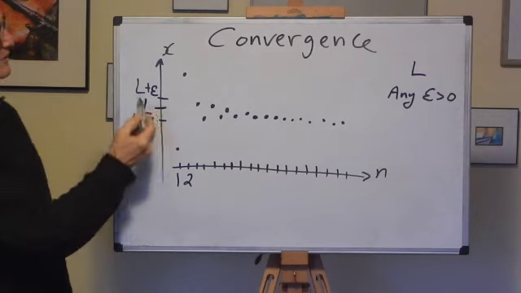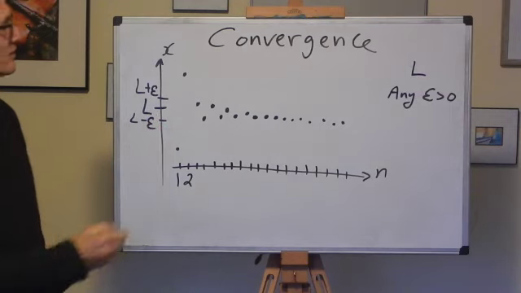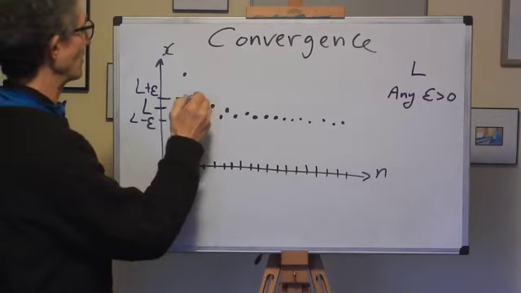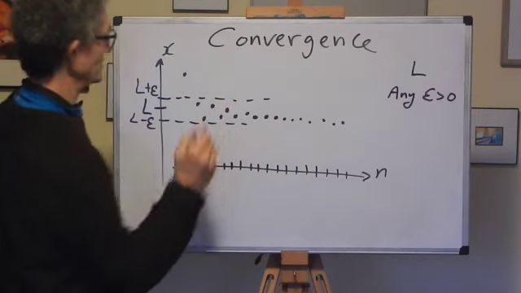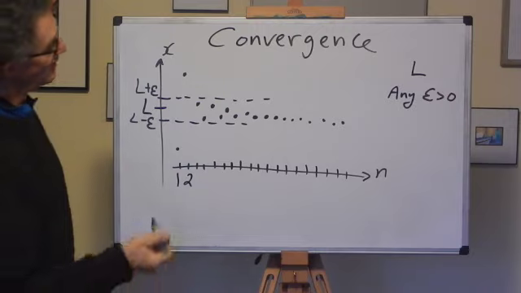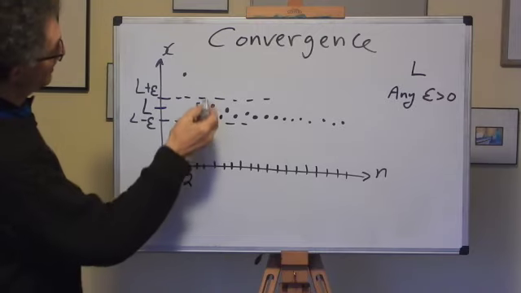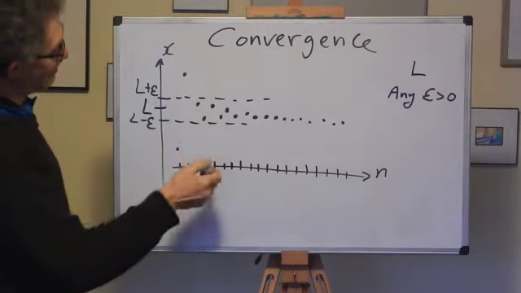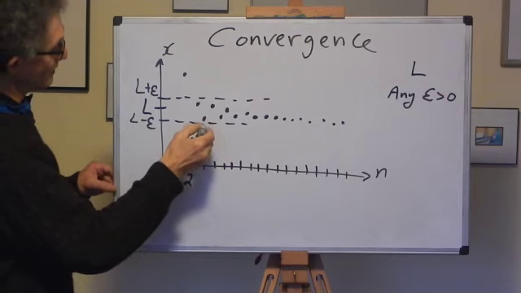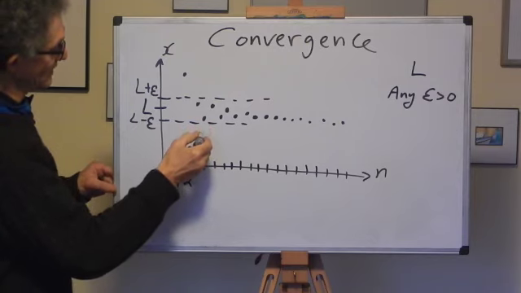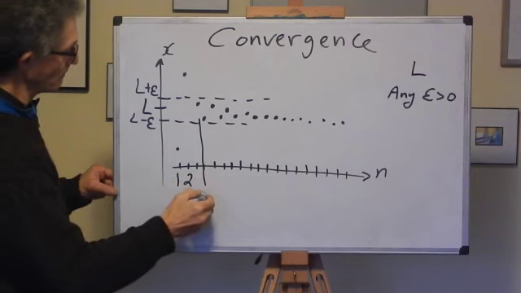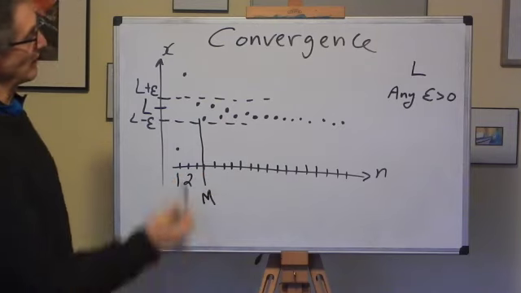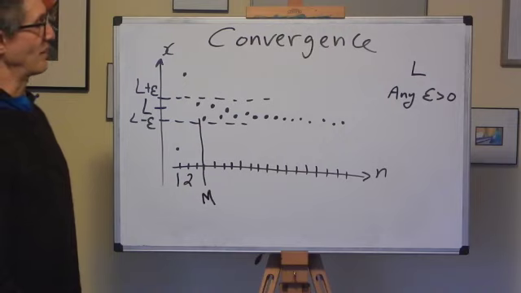So we've added the tolerance to the limit, subtracted it from the limit, and we see whether the sequence is in here. And we say, okay, the first few terms are out, but once we get past, say, this point here, we are within that tolerance. And that's the picture.